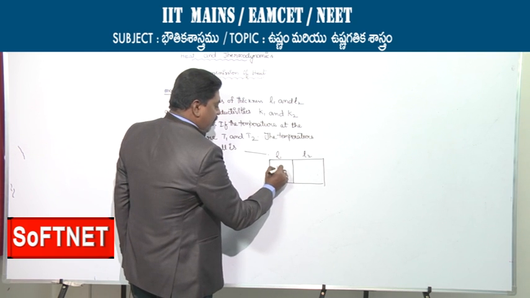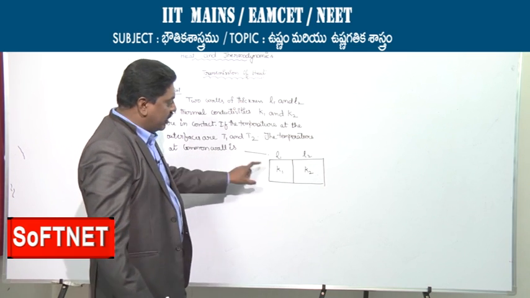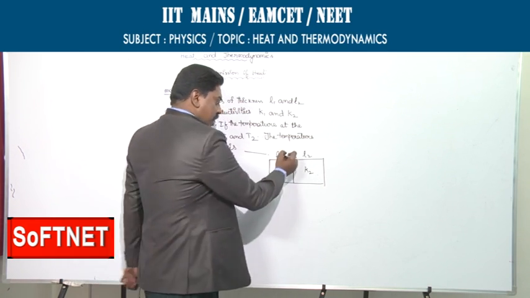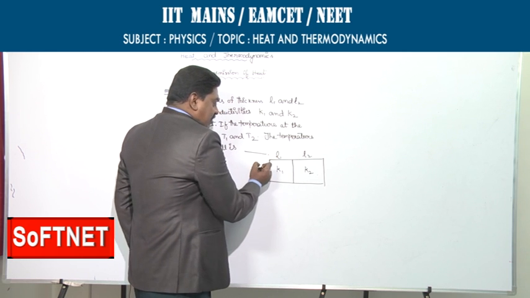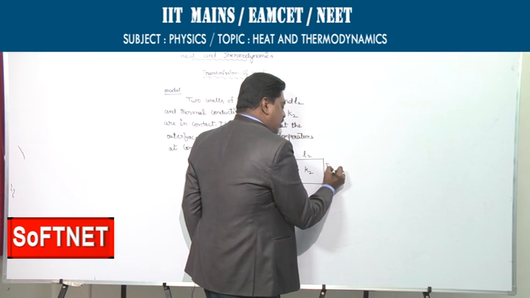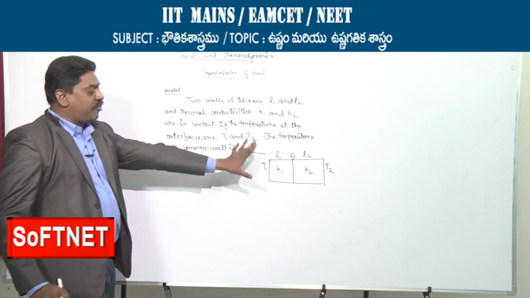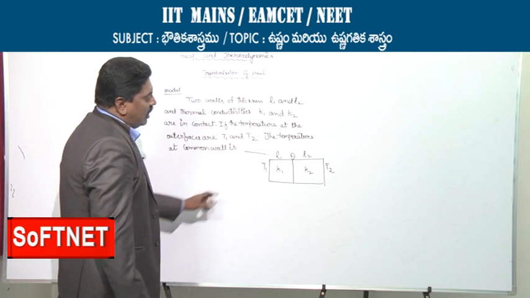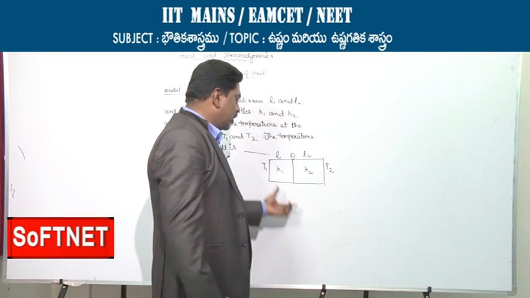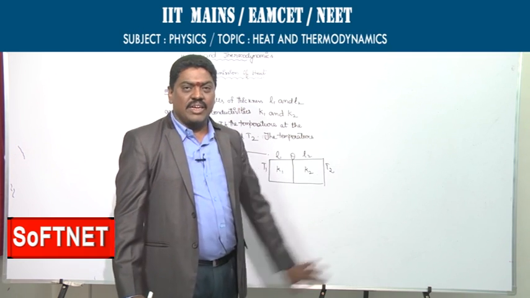Okay, and K1 and K2 are the coefficient of thermal conductivities of the two walls. At the first end the temperature is T1 and at the second end the temperature is T2 and theta is the temperature at the point of contact. As the T1 is greater than T2, the heat will flow from the end K1 to the end K2.